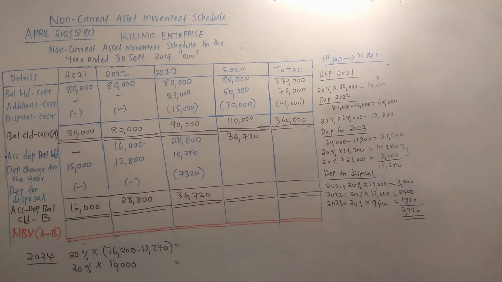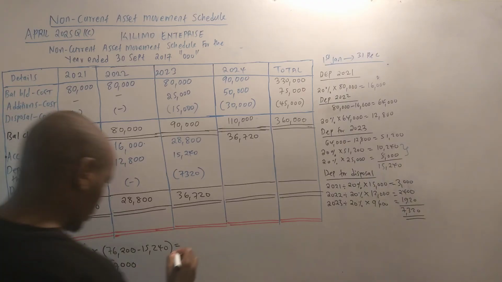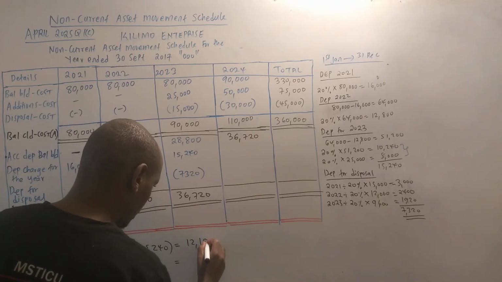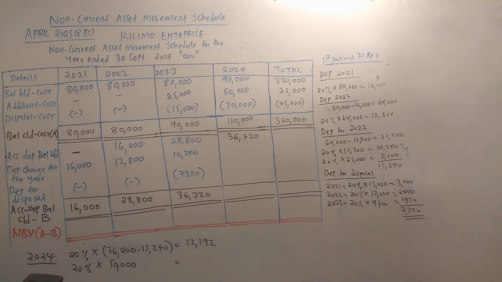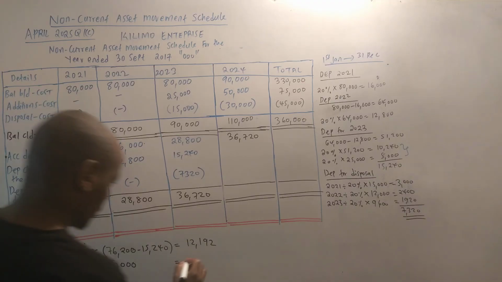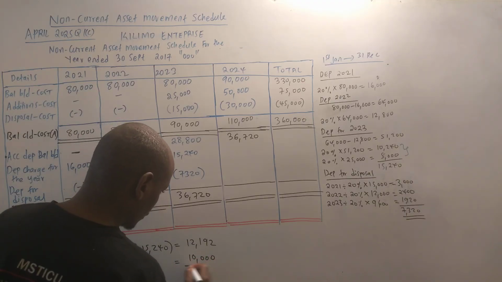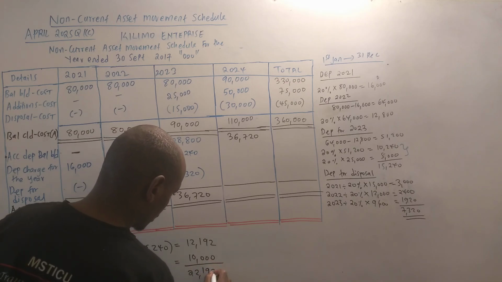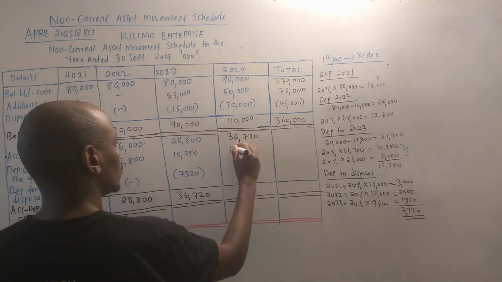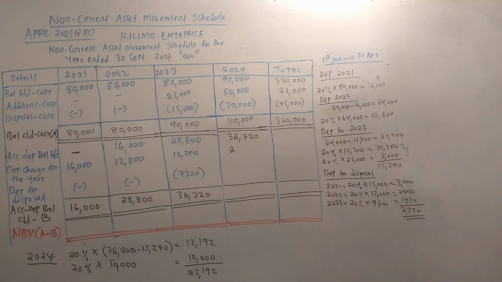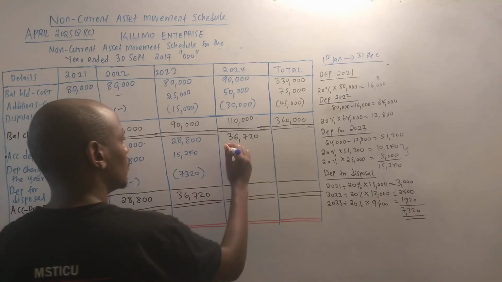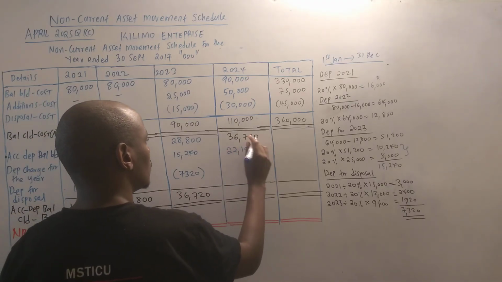So 76,200 minus 15,240 times 0.2, that one is 12,192. The 0.2 times 50,000 is 10,000. So that you get 22,192. I could have used a different pen. So 22,192.